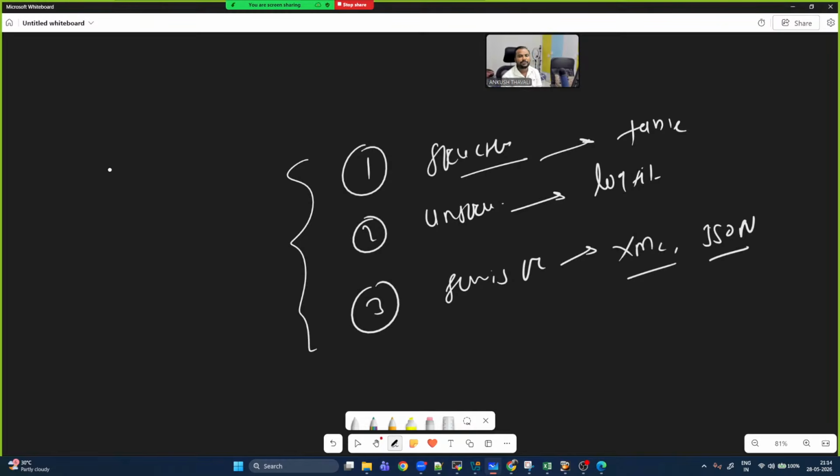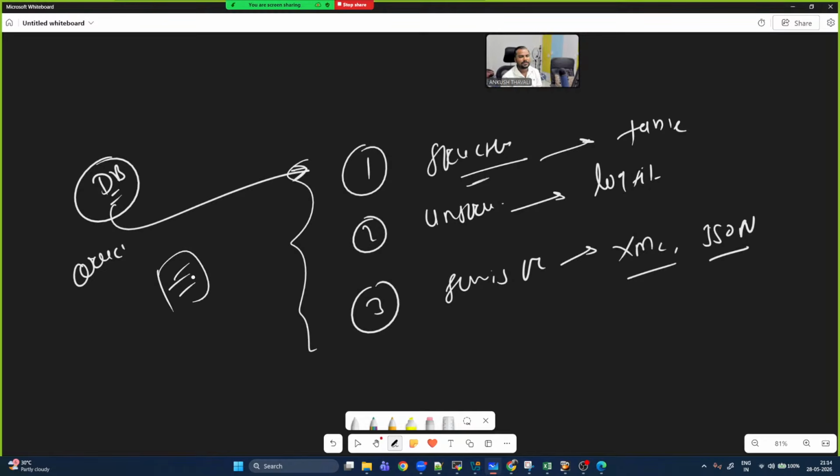Now, why are we coming with data engineering when we already have a database, right? Then why are we talking about this? Because a database can only handle structured kind of data. In a database, take the example of Oracle or MySQL, you can store only structured data in the form of tables. But what if I have unstructured data? What if I have semi-structured data? Can these databases handle that?